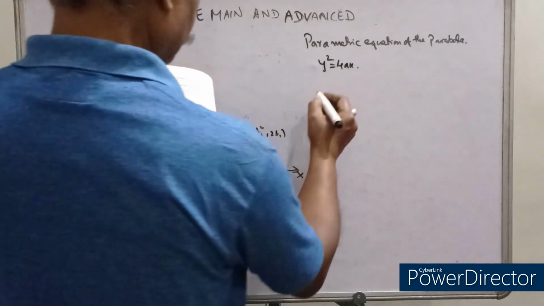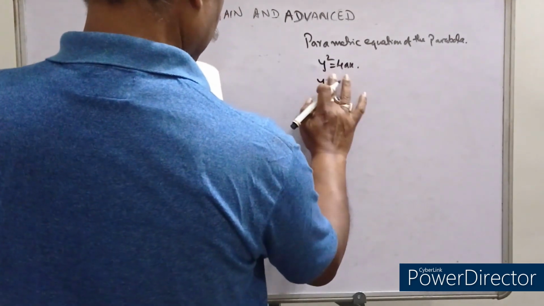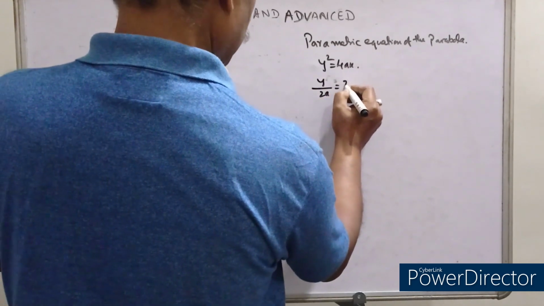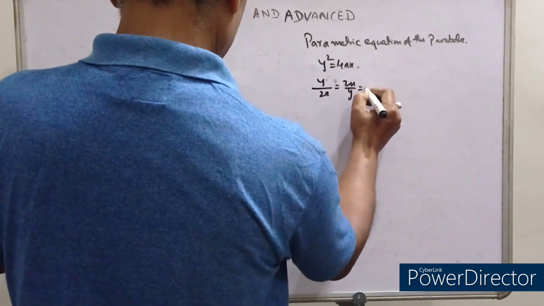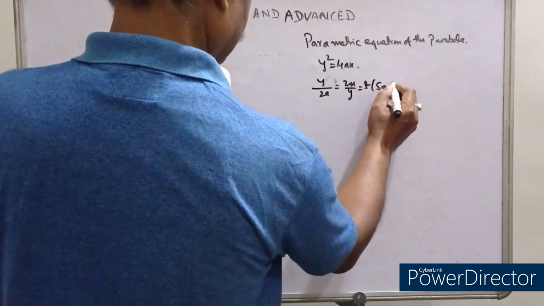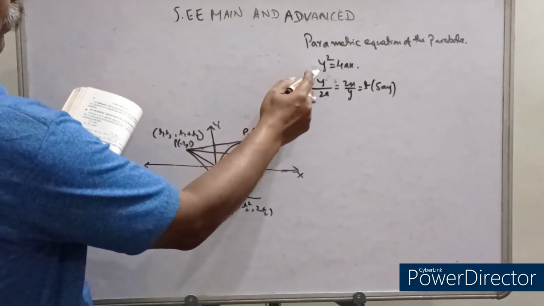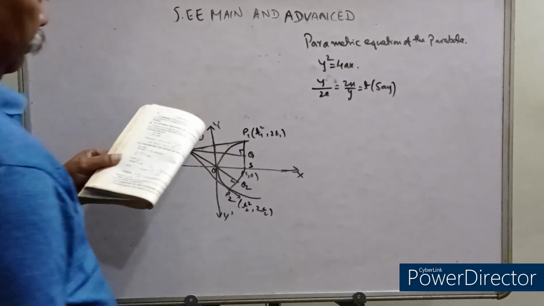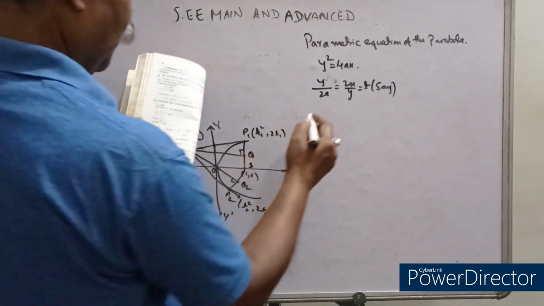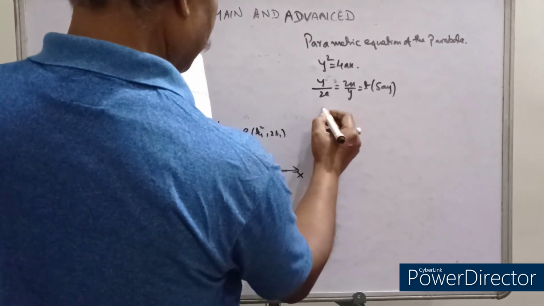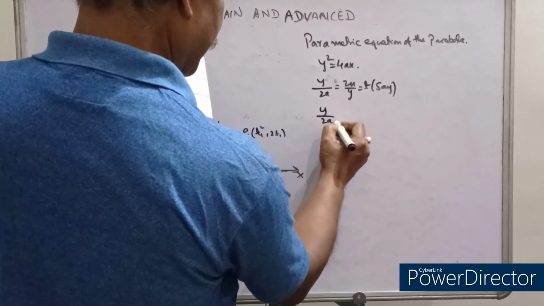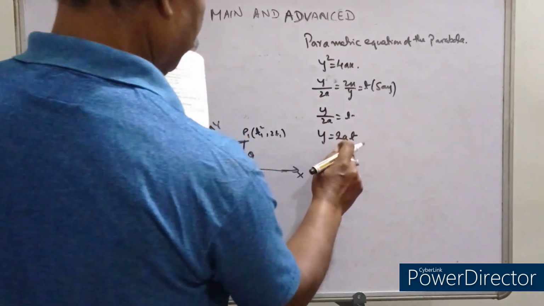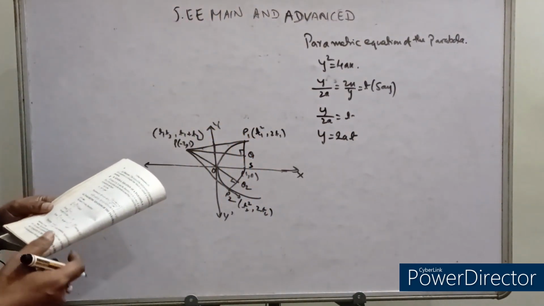So y by 2a is equal to 2x by y, and that is equal to t. Here one y I have sent here and 2a I have sent to this side. So from y by 2a is equal to t, y is equal to 2at.